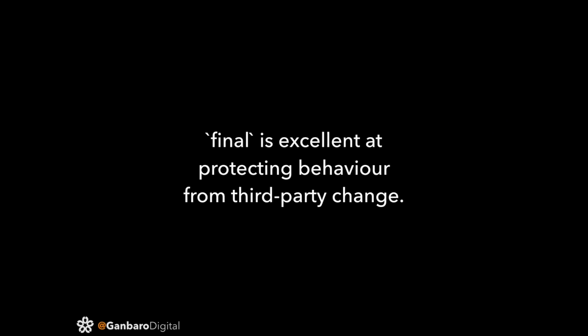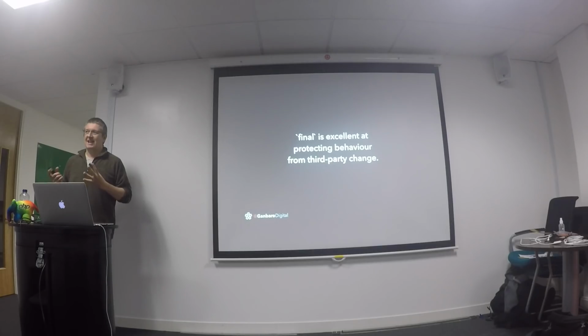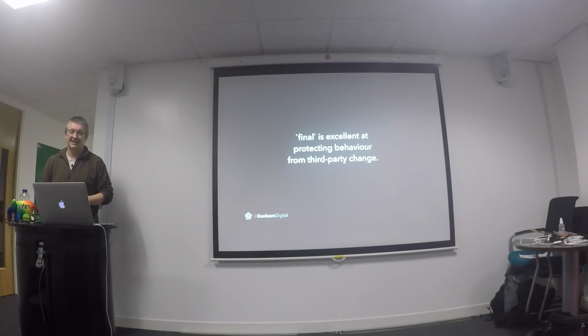Now, final isn't about classes, it's about people. It's about protecting yourself from other people's code and what they do with the code you ship. Your point earlier on, exactly that. If I'm a package maintainer, I ship some code, you extend my class in a way I've not anticipated, and then I accidentally break your code with a future release, even though it passes all my tests.